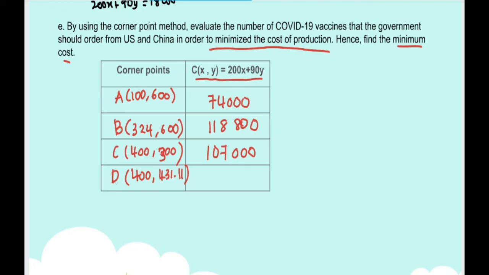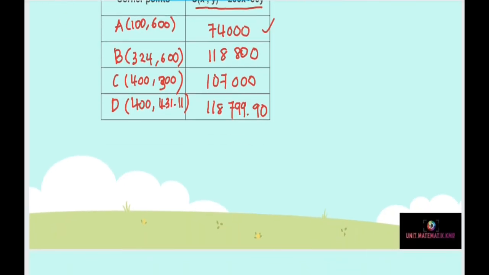And the last point, D, 400 and 431.11, when you substitute, you will get 118,799.90. Now because we need to find the minimum cost, from these 4 points, point A gives the minimum value. So the minimum cost here is 74,000.